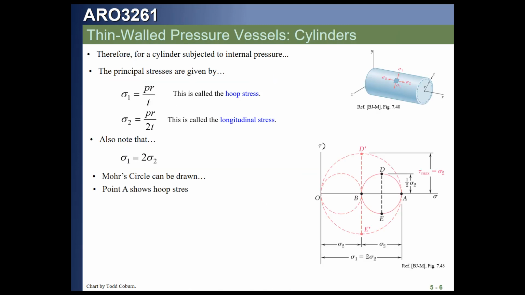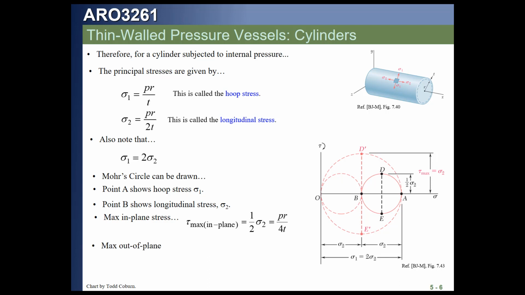For cylinders, we have a hoop stress, sigma 1, and a longitudinal stress, sigma 2. Both of these are associated with 0 shear stress. Therefore, these points are plotted directly on Mohr's circle. You can see sigma 1 at point A, sigma 2 at point B. And since this is a thin plane stress element, the stress out of plane is 0.